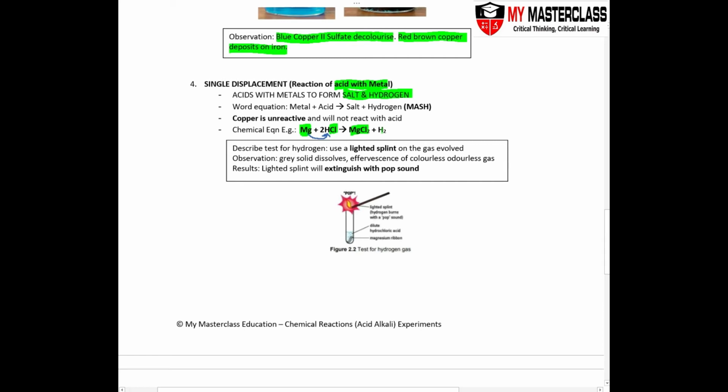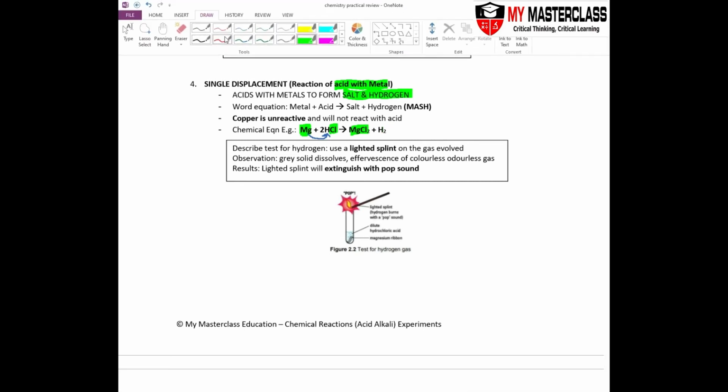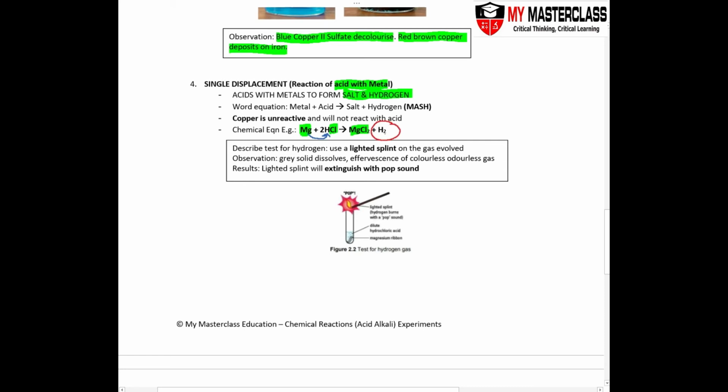Okay, and in the lab, same thing, they are interested in observation. What's the confirmatory test, right? So this one, because your hydrogen gas is being formed. Okay, what's your observation? The gray solid dissolves, right? Because this is magnesium metal piece, it is a gray solid. It will dissolve, become smaller, because ultimately it forms salt.